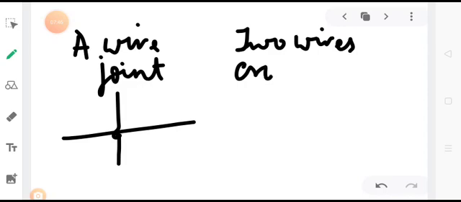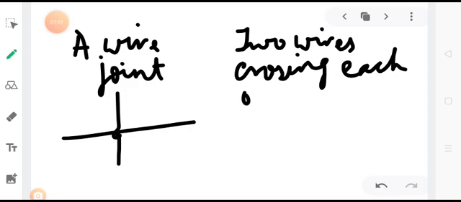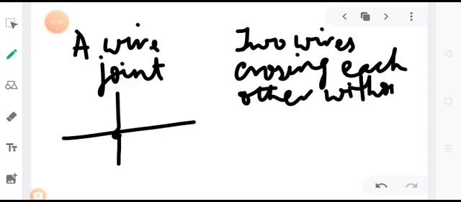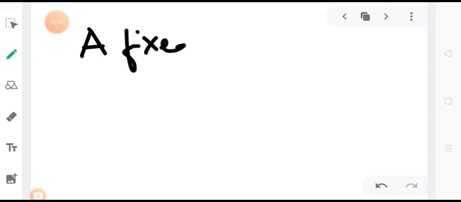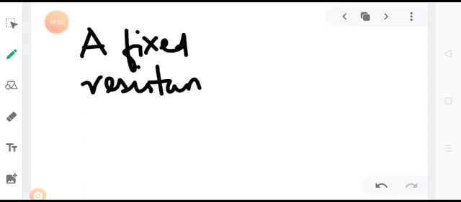Two wires crossing each other without touching. A fixed resistance.